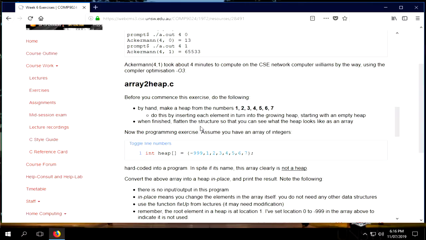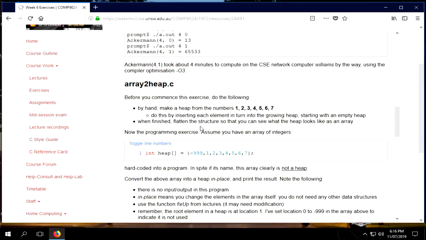Computers don't know anything about trees. The computer just has an array, so it's just working with indexes in an array. What the computer started with is an array of 1 to 7. That's all it's got.